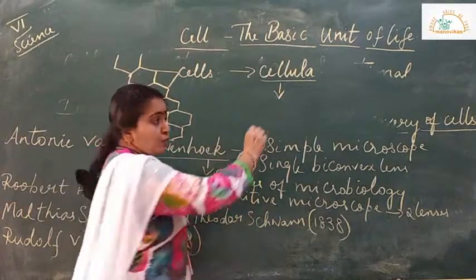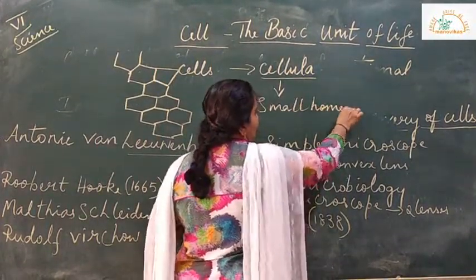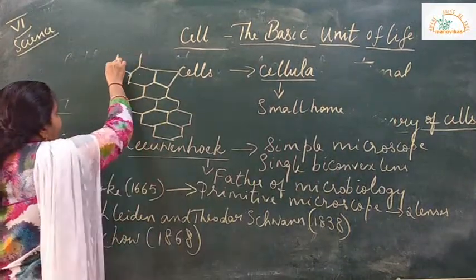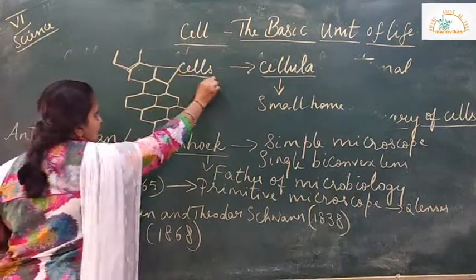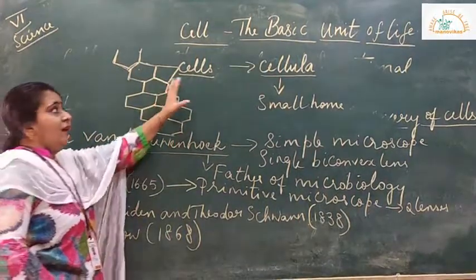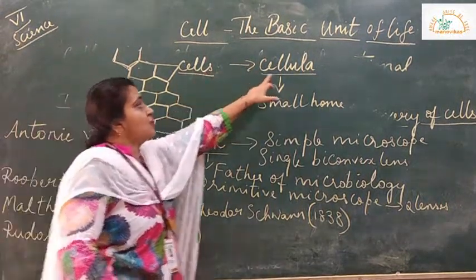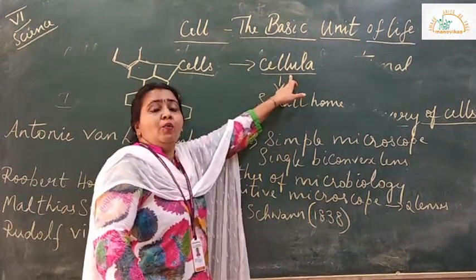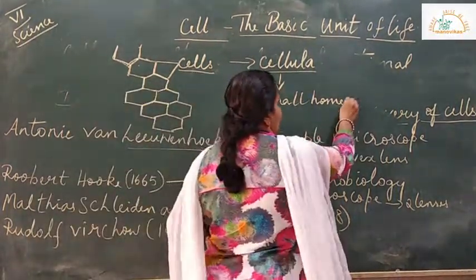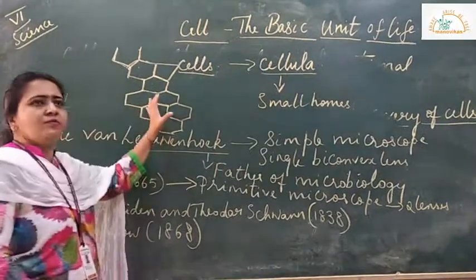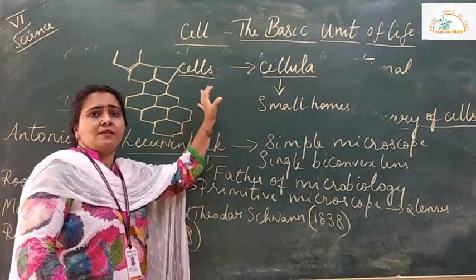So these tiny box-like compartments are called cells. The word cell was derived from the Latin word cellula, which means small homes. So this was the view of Robert Hooke in the year 1665.